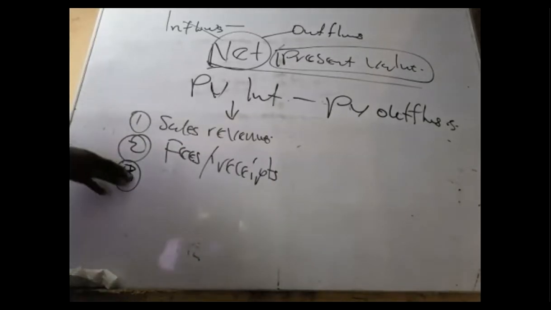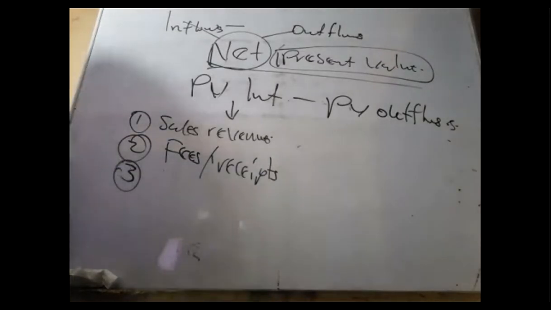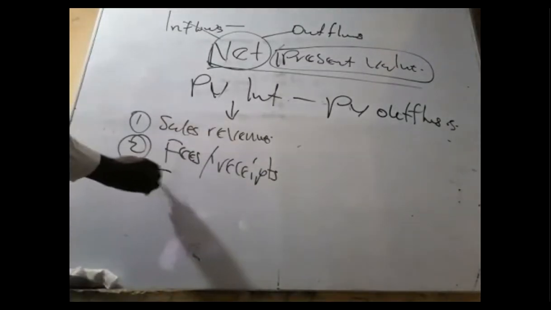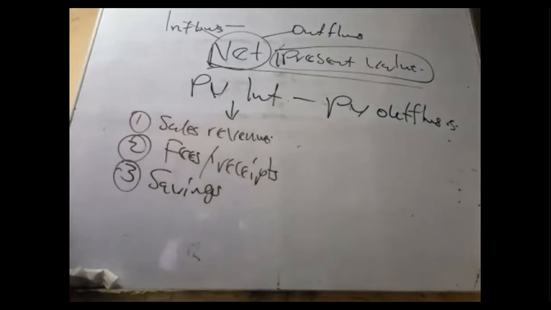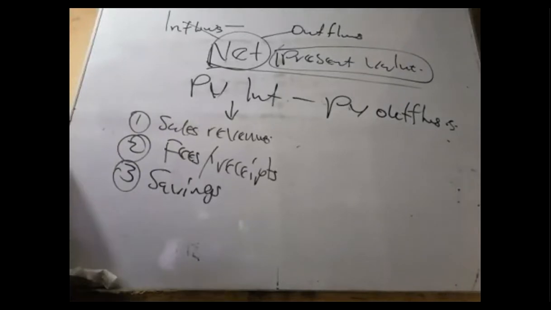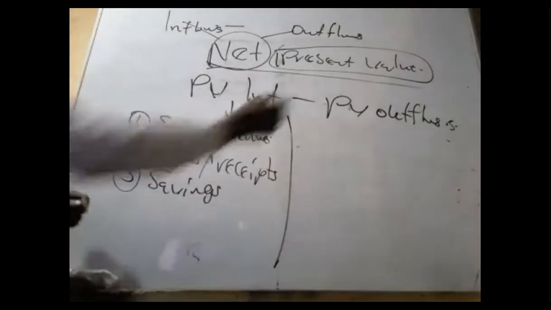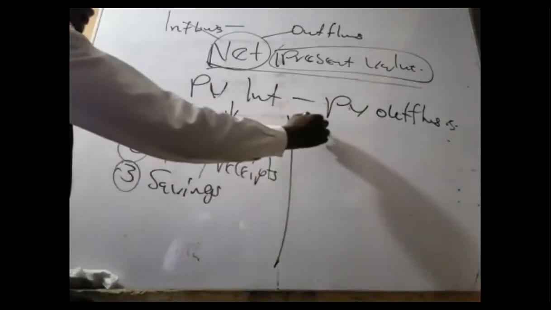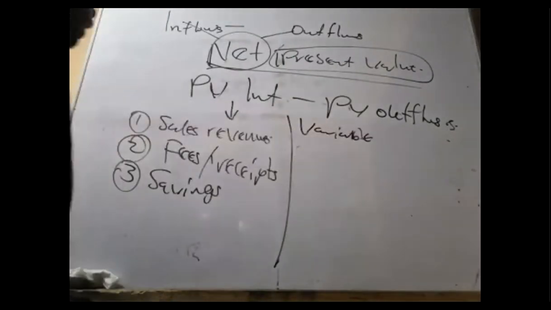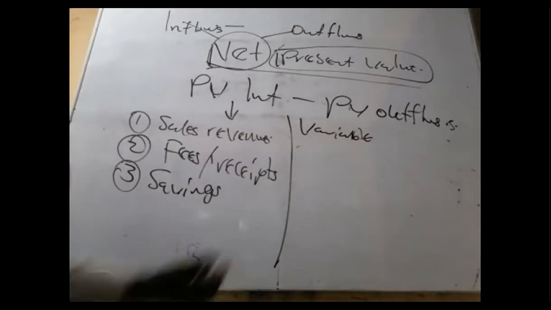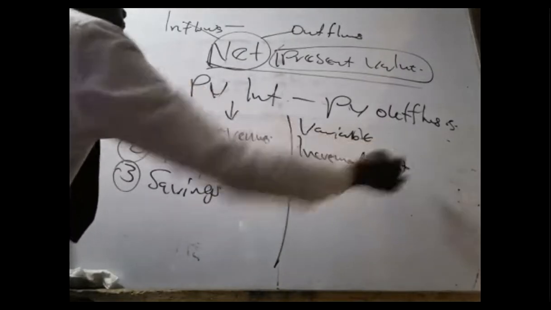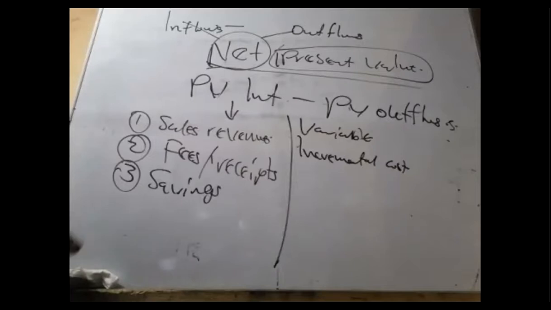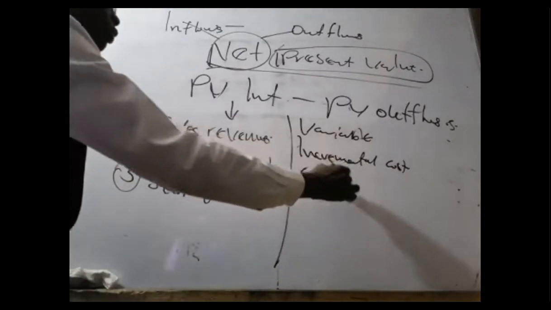Number 3 will be savings, such as savings in heating cost, which can also be an inflow, or any economic benefits we would derive. Versus outflows, which are variable cost and other operating costs and other incremental costs, and then contribution forgone.